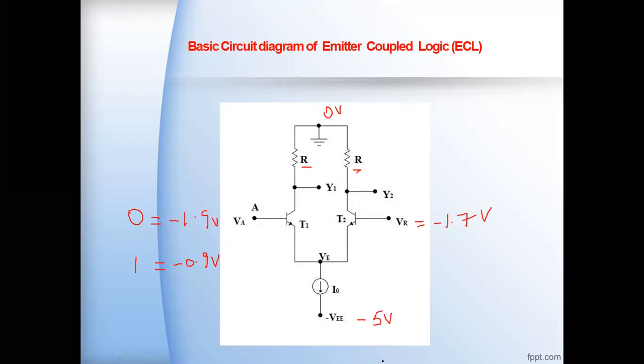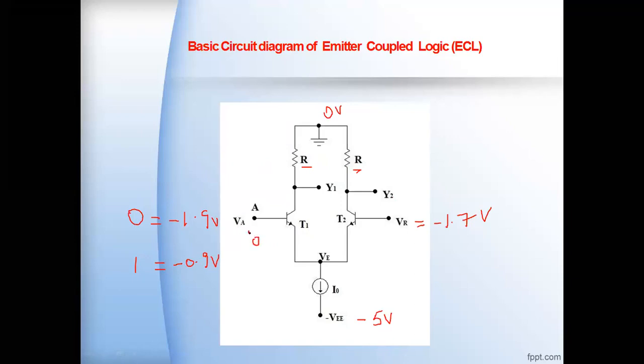Comparatively, 0 volts is the higher voltage compared to minus 5 volts. Therefore, this differential amplifier circuit will act as a normal circuit, even though we have negative input voltages.